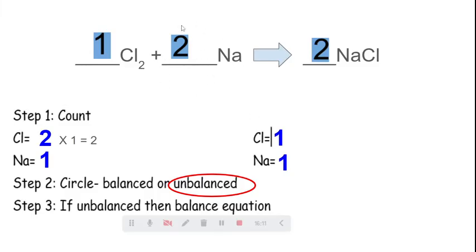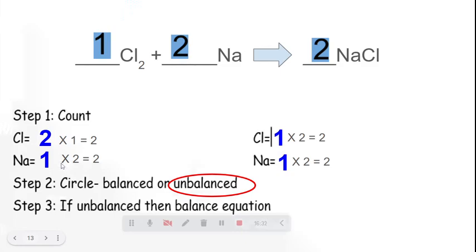Now over on this side, I have to fix my Na. Let's give you a visual over here. If I put a 2 right there, 1 times 2 is 2. That coefficient has to be distributed to each of these. So that means now I have to fix the other side.